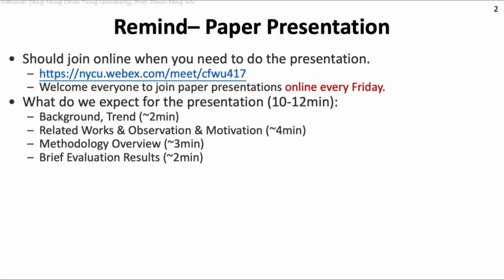For example, they say there are several observations and here are our challenges. There are, say, 4 components, and they use the first component to solve the first challenge, the second component to solve the second challenge, something like that. Try to link the relationship between the observation and the methodology.